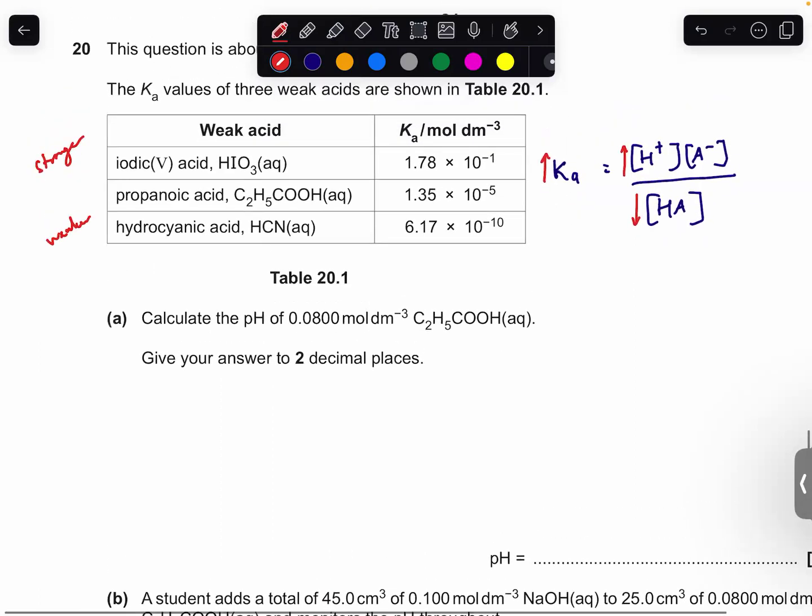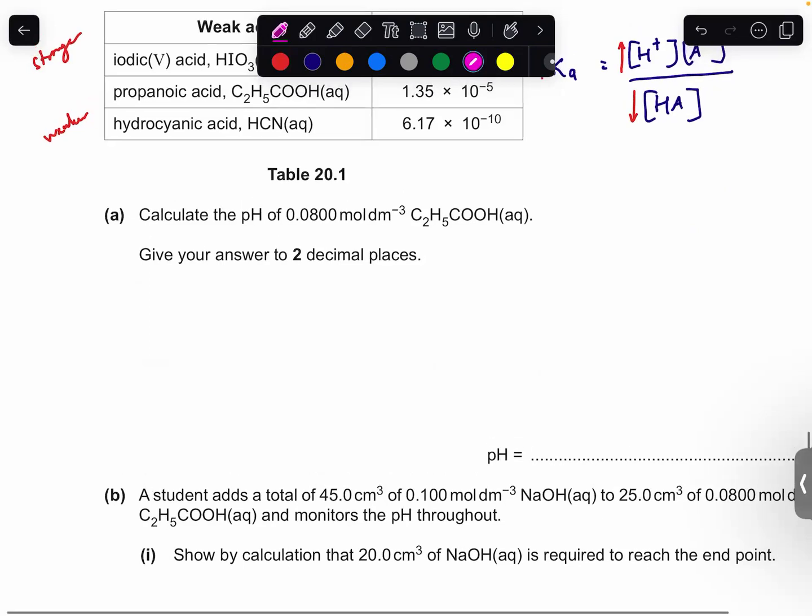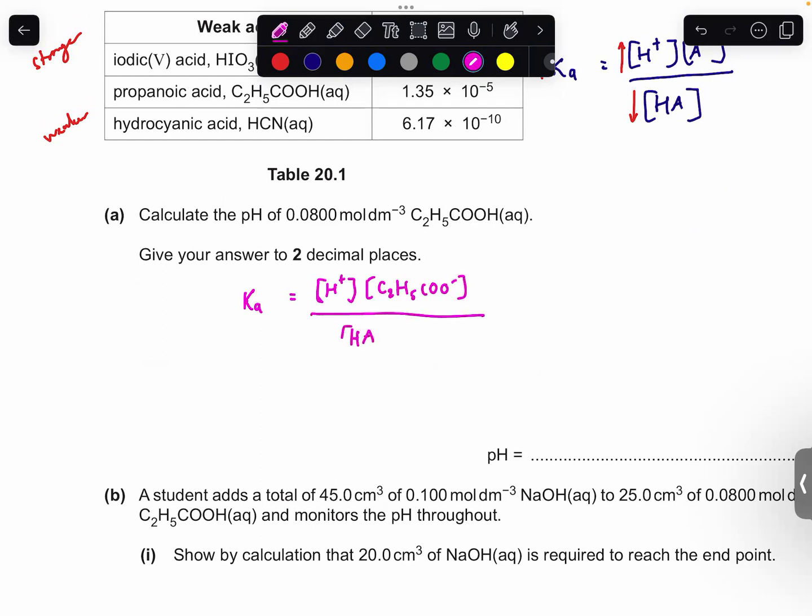First question is asking, calculate the pH of this concentration of propanoic acid. So what we'll do, we've got Ka is equal to H plus and the rest of the weak acid, and we make 2 assumptions: that the concentration of the weak acid remains virtually the same, so we can divide that by 0.0800, and that the negative ion produced has the same concentration as H plus.